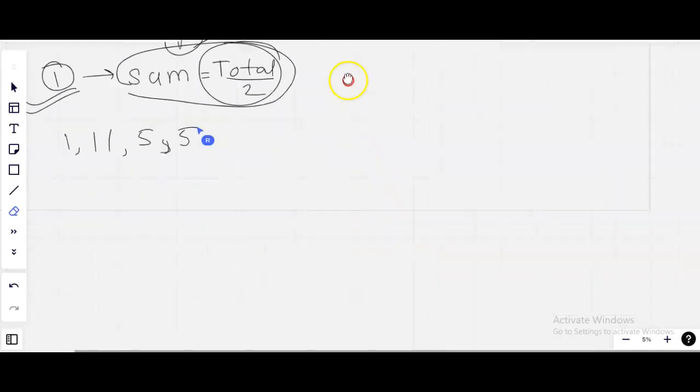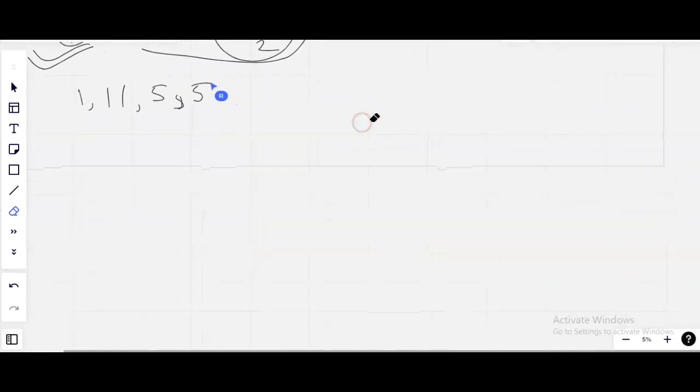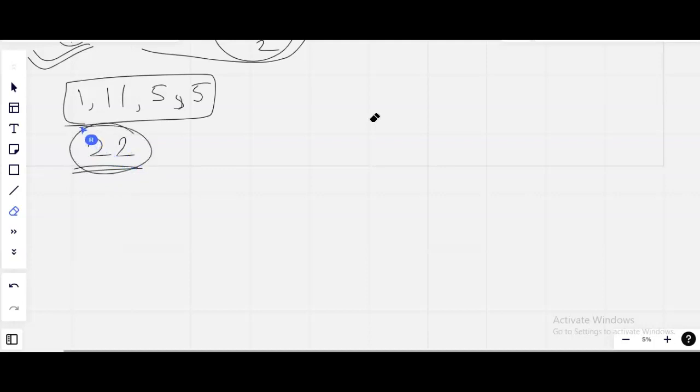Also we have target sum as 11, right? As the total sum is 22, the target sum t equals 11.